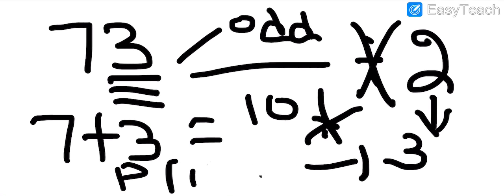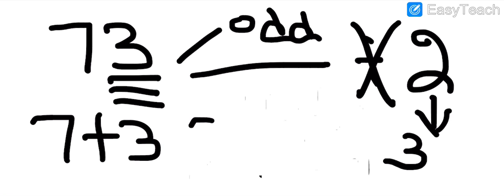Then the last part of question number 1. Since these are the starting videos, I will try to do it in detail so that you can actually get an idea how to solve it, and you will understand each and every simple bit of it. So we have 91. As I said, 1 is not a prime number.